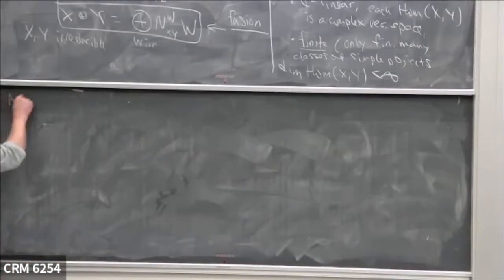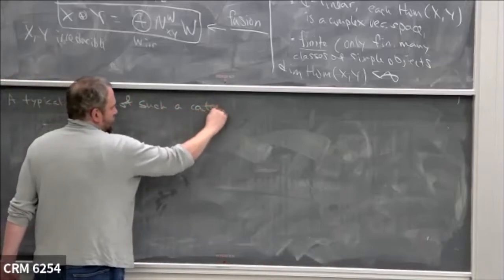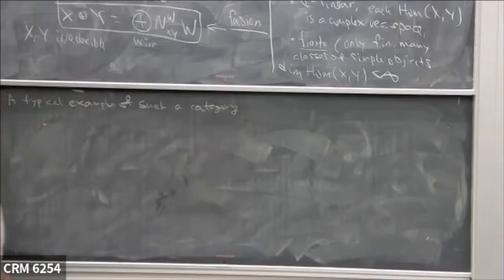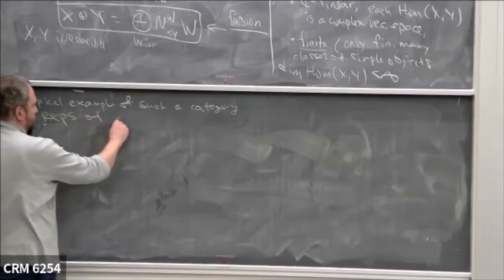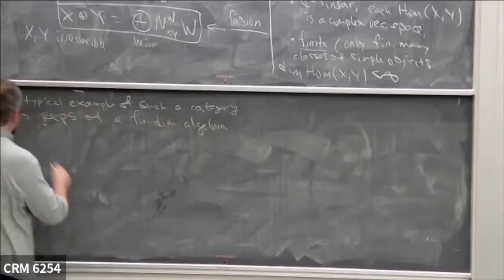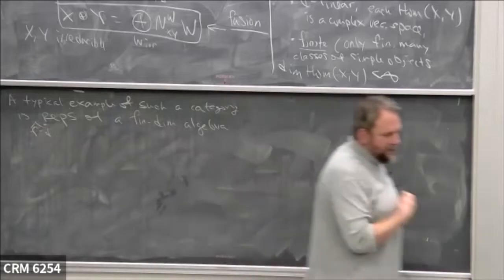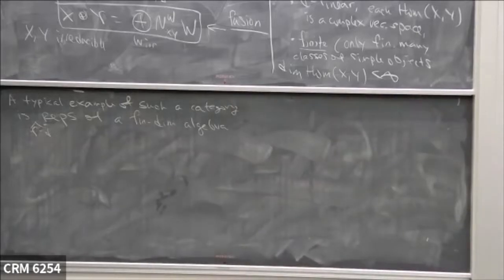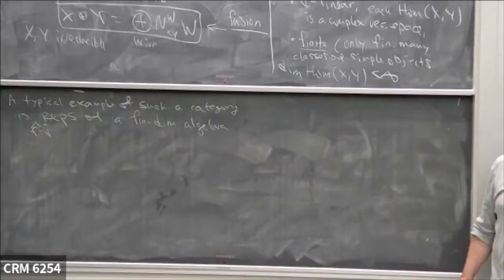A typical example of a category satisfying these conventions would be the category of finite dimensional representations of a finite dimensional algebra. I will not use this identification in my talk, but that's something to keep in mind. So these are the sorts of categories we are going to consider.